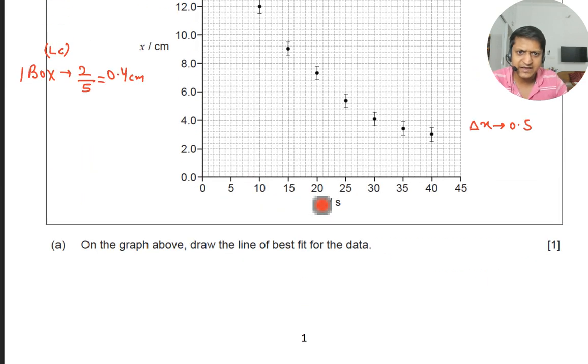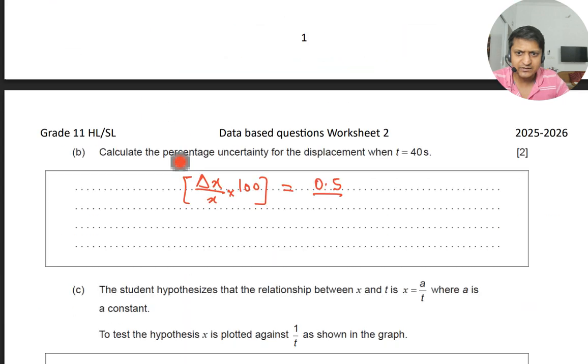What is the value of x when it is here? This is 1, 2 and 3, and it is 0.4, 0.8 and half of 0.4 is 0.2. It is 1, so it is 3.0. So we can take 3.0 into 100.